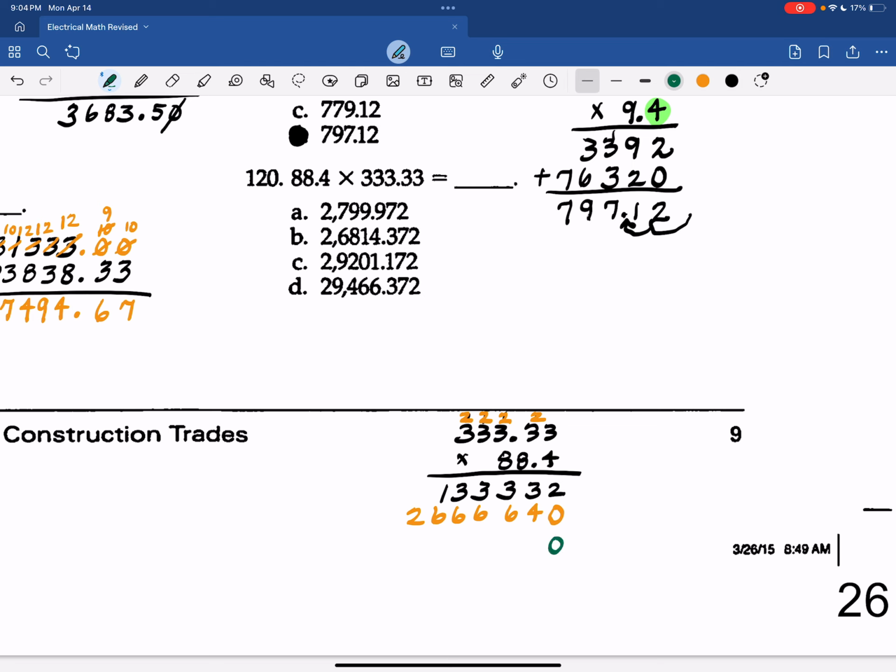Move over to that second 8. Line up under it. And then we're just going to repeat the same set of numbers. And then we have to add those partial products. You know I'll be checking this one. Heavens, what a problem.